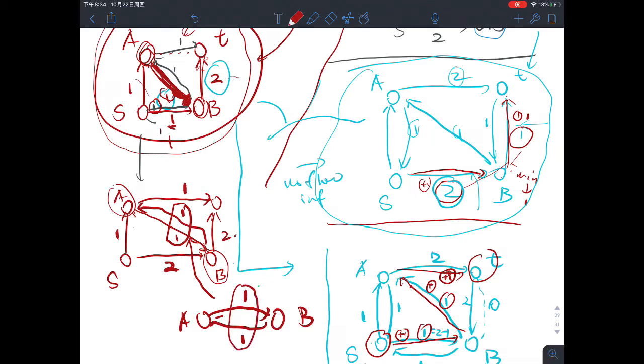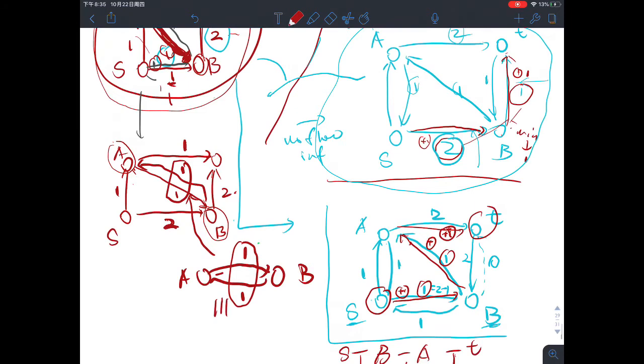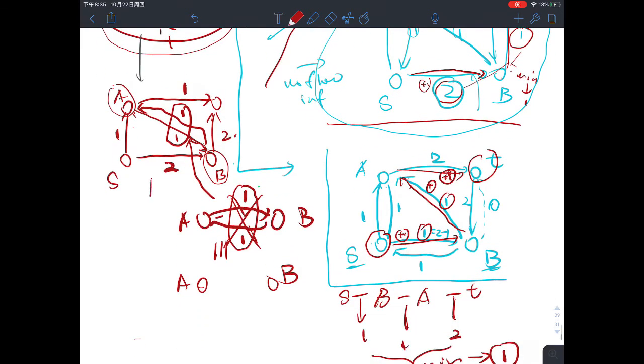When you move 1 unit of water from A to B and another unit from B to A, that means you don't need to move any water. That's equivalent to deleting the whole interaction, so there's no interaction anymore between A and B.